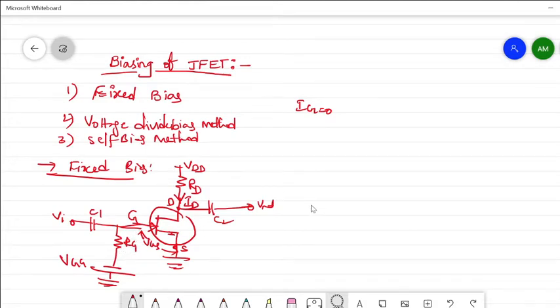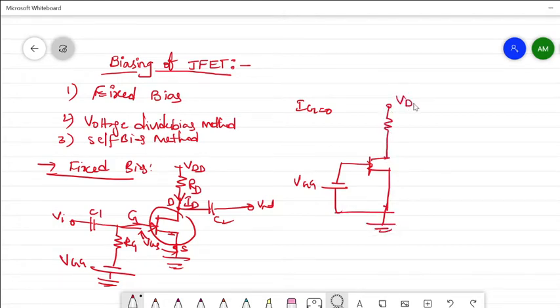Then the circuit becomes like this, with VGG, VDD, resistor RD, and output current ID.